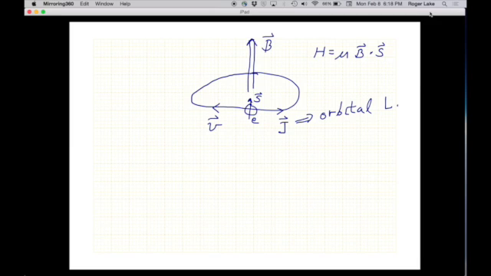If B dot S is +1, then some negative mu times +1 will be a lower energy than the opposite spin. And so this gives rise to spin splitting when you have spin in the presence of a magnetic field. And this magnetic field is being generated by the orbital angular momentum and the fact that the electron is a charged particle. And so this gives rise to this interaction between the orbital angular momentum and the spin. And that's your spin-orbit coupling.